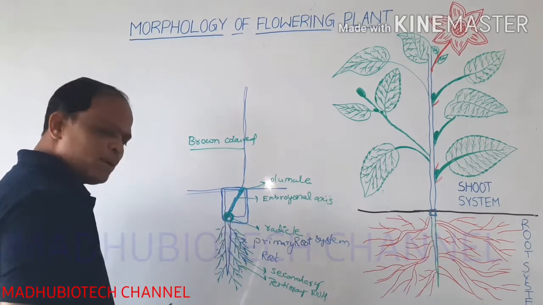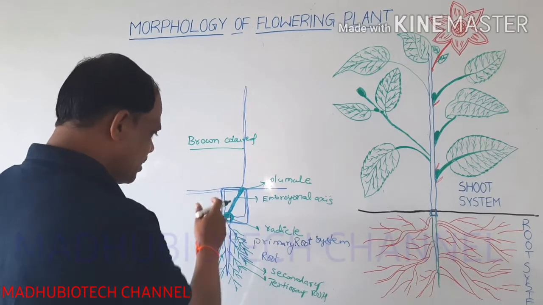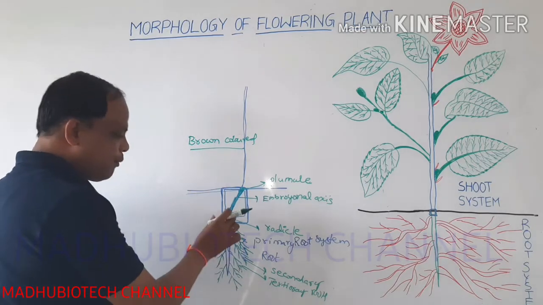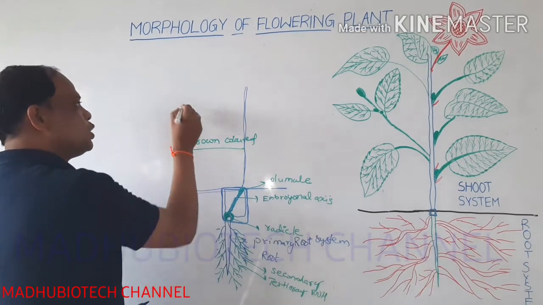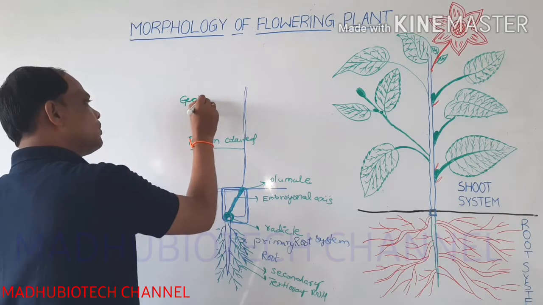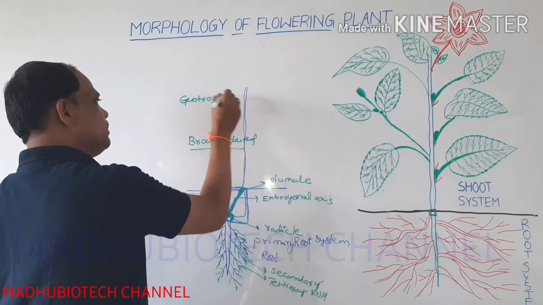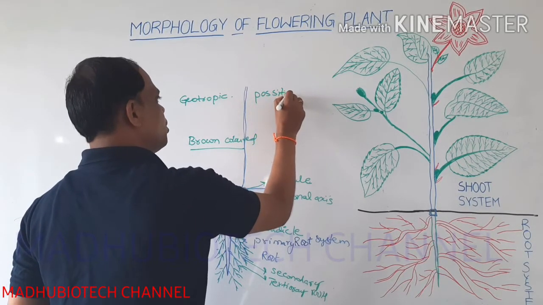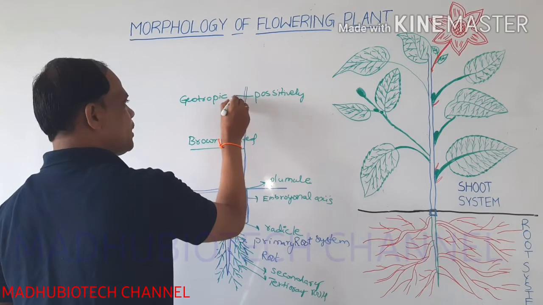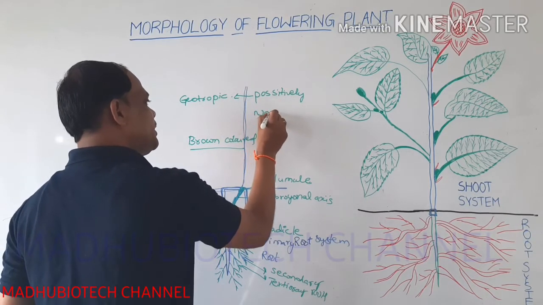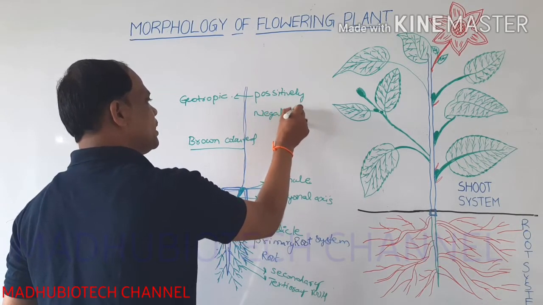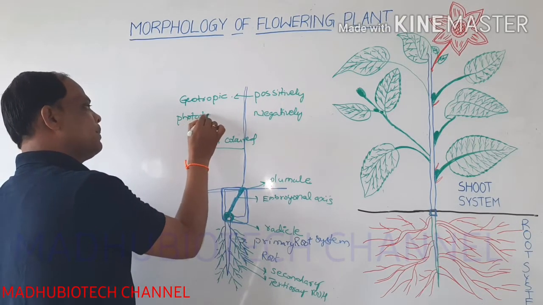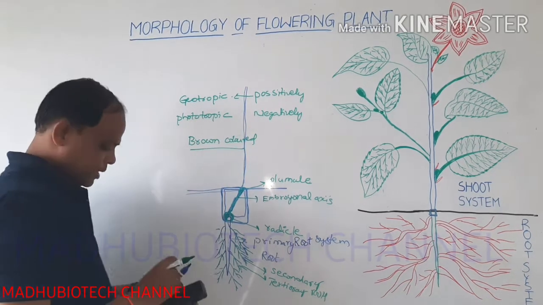The embryonal axis, the radicle, develops inside the soil in a vertical axis in a geotropic manner. That is, it is positively geotropic and negatively phototropic.